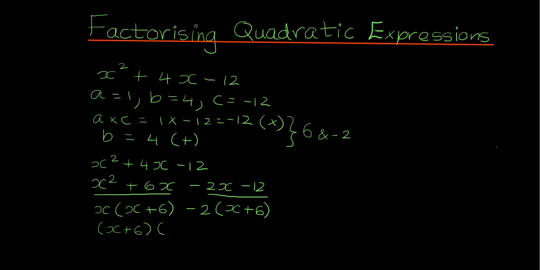That's the highest common factor, and the second bracket will be x minus 2. I'm getting the x from here, and the minus 2 is coming from here. Now if I expand this, I will get back to this.